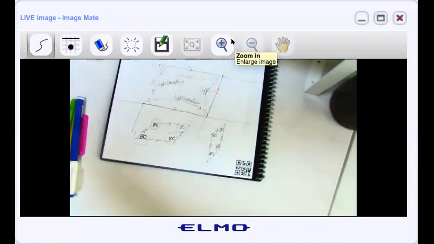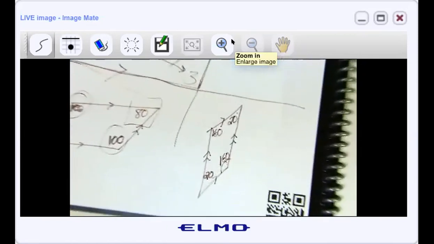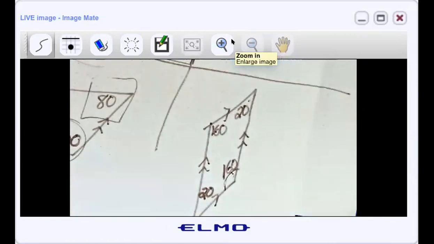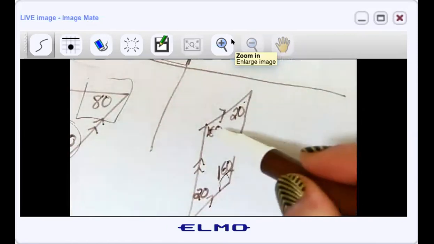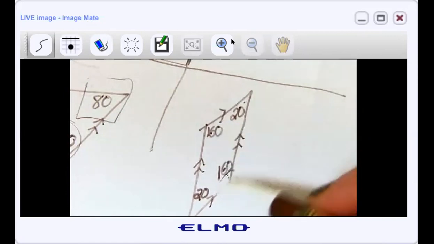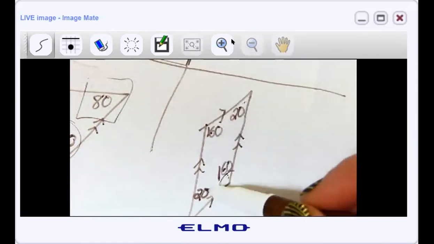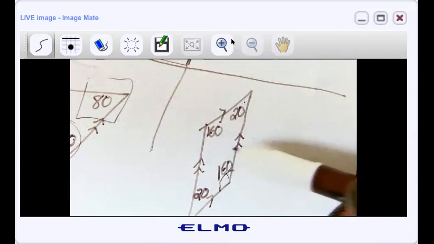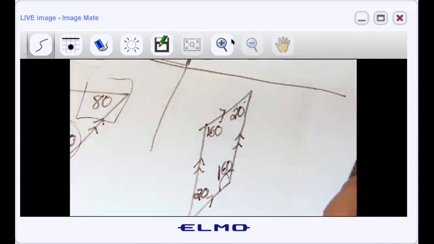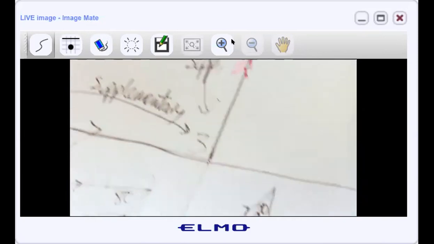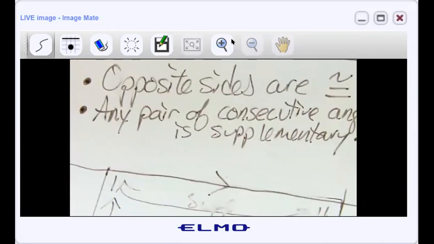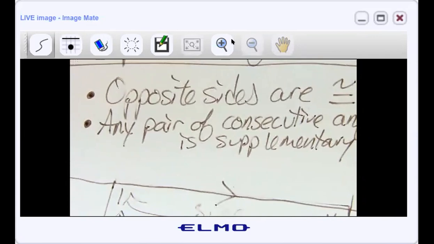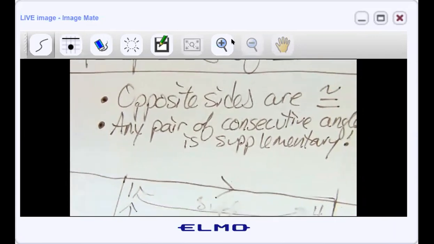Okay, there we go. So we were just talking about how, yes, look, it appears as though it happened again. The angles across from each other are the same. And that is always going to happen. So now, not only are any pair of angles one after another going to be supplementary, but the ones across from each other are going to be equal.